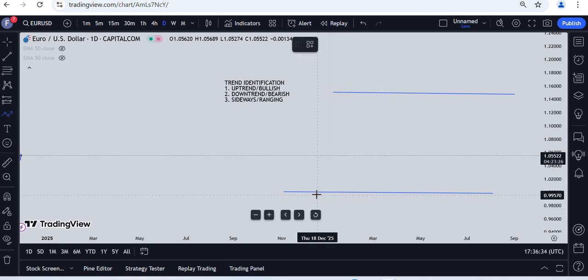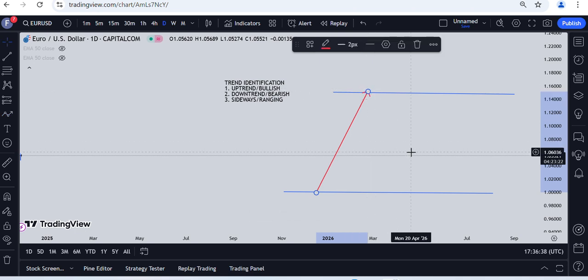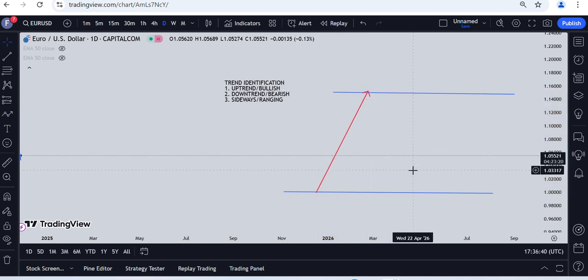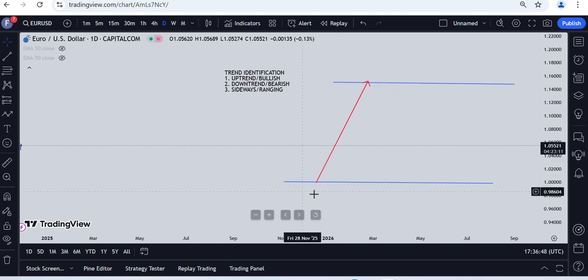Market will not just go straight like this, boom, up to this point. No, the market moves in a wave-like pattern, just like the way the river or the sea flows. It goes in and comes out, but it's moving more like the way a snake moves.